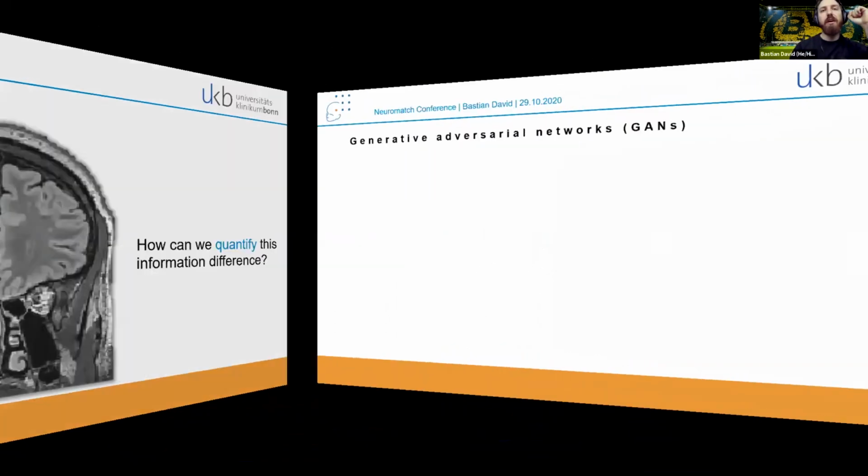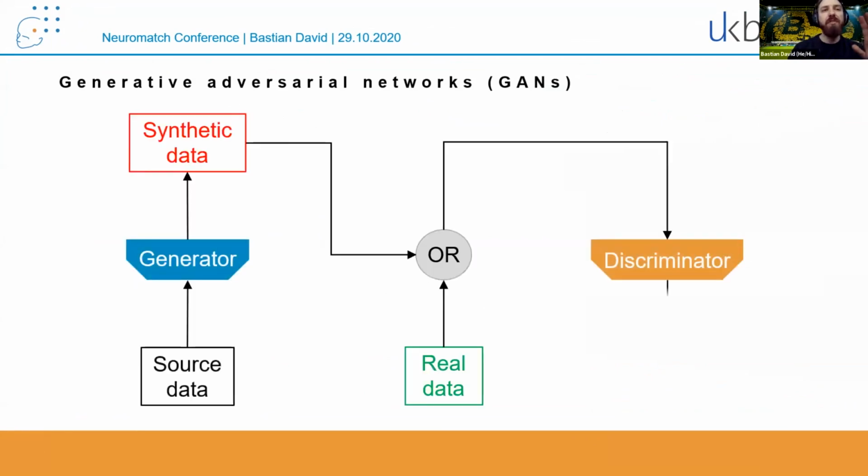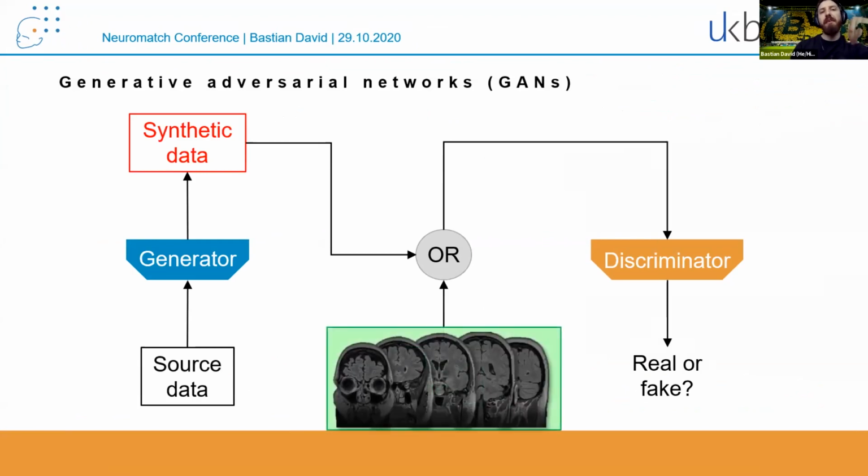And this is where GANs come into play, or at least we came up with a GAN approach. I'm very grateful that Marco already did a great introduction for GANs, so I won't go into too much detail. But in our case, what did we do? Our real data were the FLAIR images of the patients, which do show these radiographical features of the lesion.